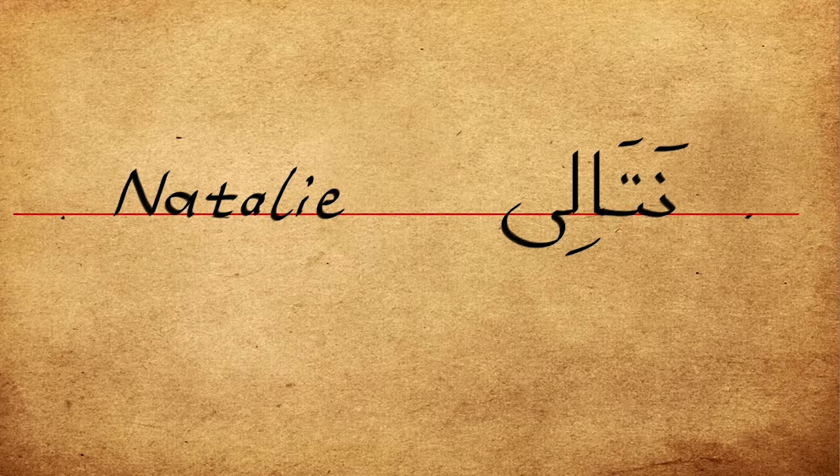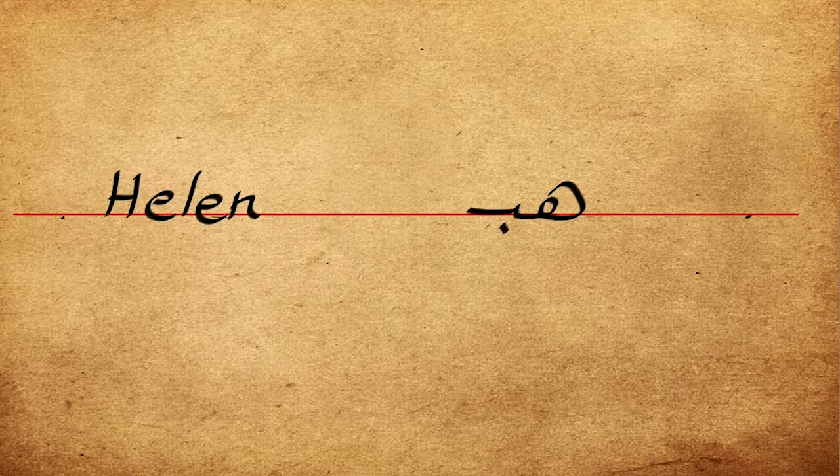This is noon, ta, alif, lam, and ya. And the final form of the letter ya, Natalie. The next one is Helen. This is the initial form of the letter ha, ya, lam, ya, and noon.